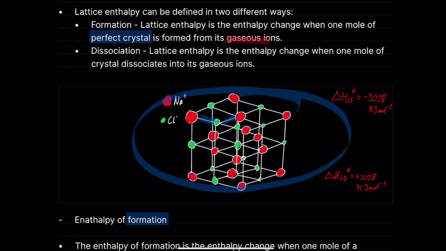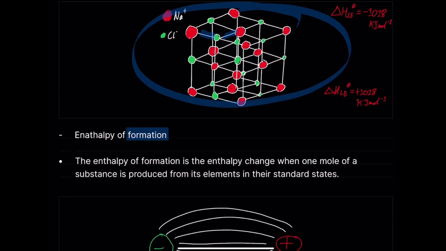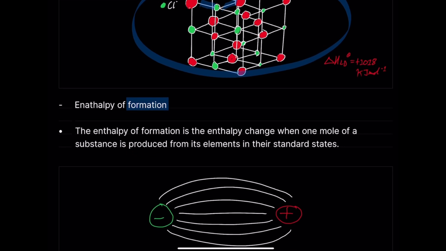Whereas enthalpy of formation is the enthalpy change when we're forming a substance from its elements in their standard states. So for example, if we're forming CO2, and not to say that CO2 is an example of a crystal lattice, it obviously isn't, but say it was, if it was enthalpy of lattice formation of CO2, both carbon and oxygen would need to be gaseous ions.